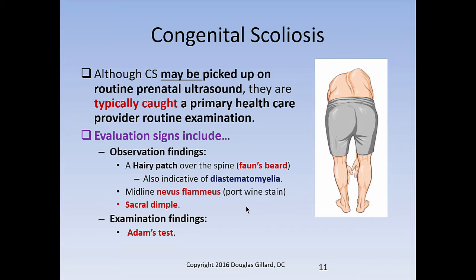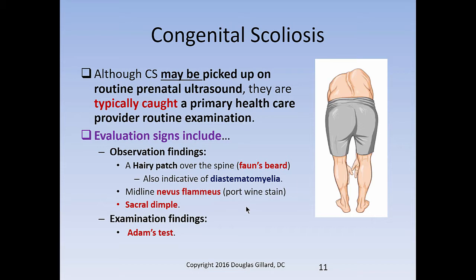They can be little ones. And that's the Faun's beard, and diastematomyelia, I can never say this word very well. I don't think we'll talk about this here, but I don't know if I'll get to that this quarter. I'm sure someone's gone over that. And then there's the nevus flammeus, or the famous port wine stain.